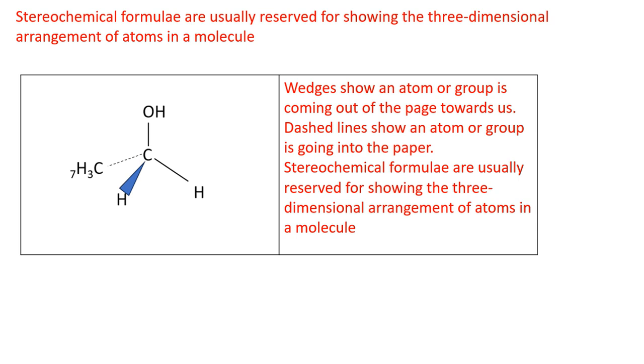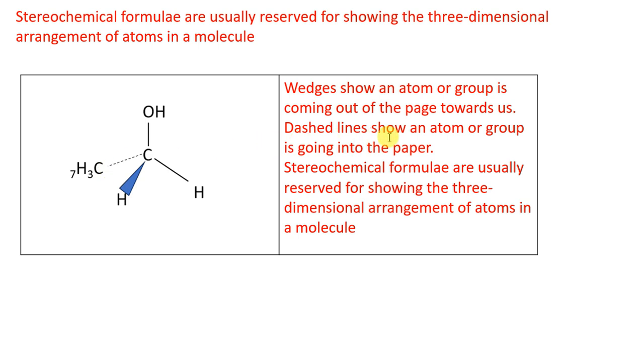Stereochemical formulae are usually reserved for showing the three-dimensional arrangement of atoms in a molecule. Wedges. By a wedge, I mean the one drawn in dark blue to a hydrogen bottom left. Wedges show an atom or group is coming out of the page towards us.